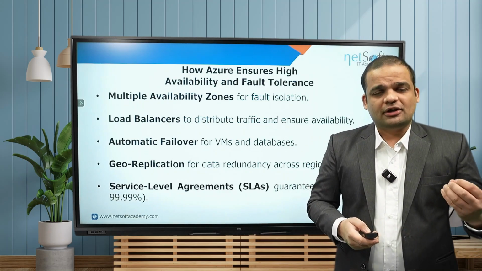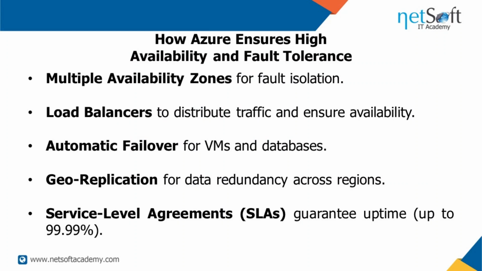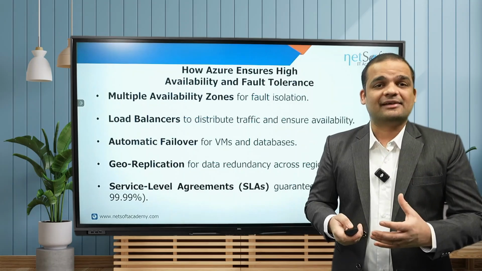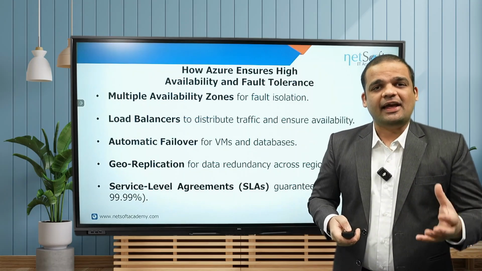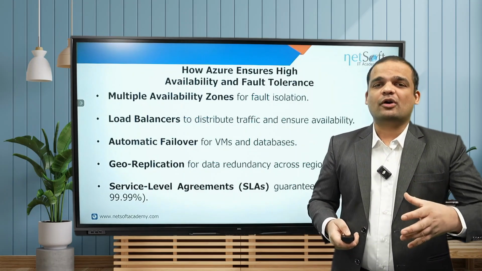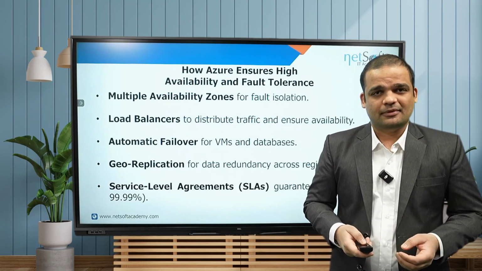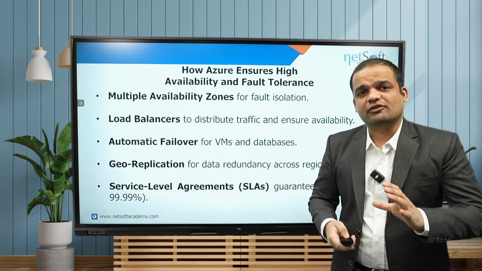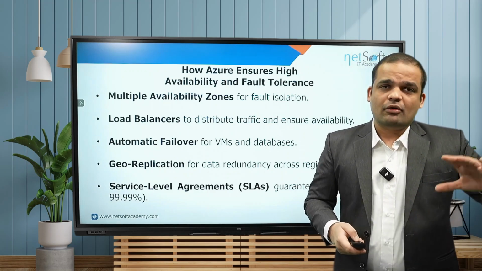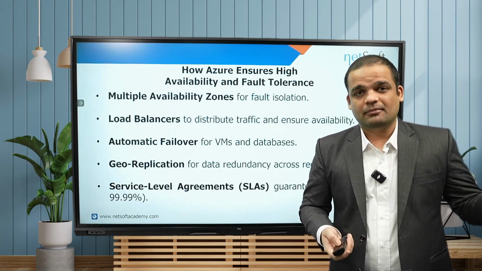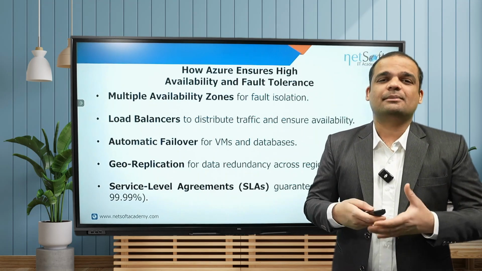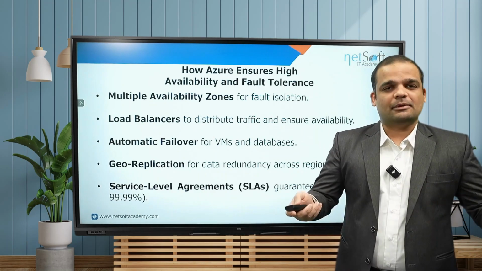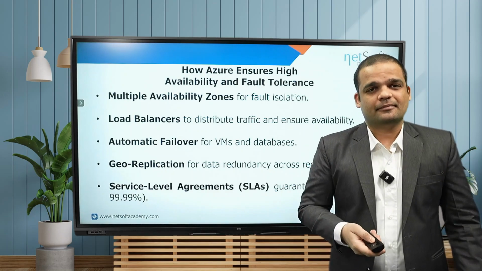The next logic is load balancers. Azure Load Balancer distributes traffic across multiple VMs, preventing any single instance from becoming overwhelmed or crashing. This way, you can rest assured that your service will be available even though a few of the machines are down, because your load is distributed across multiple machines in the pool.